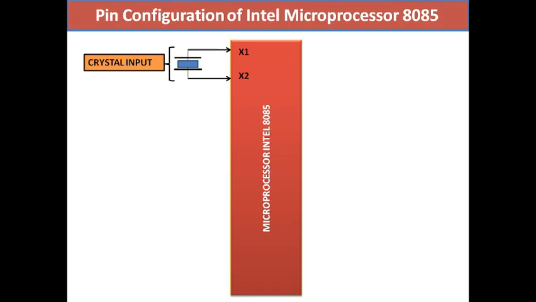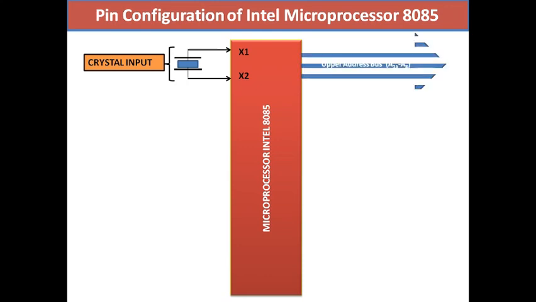So without clock, sequential circuits will never perform. So there is an internal voltage control oscillator inside the microprocessor 8085. The only thing required is a crystal. A crystal of 6 megahertz is connected between X1 and X2 terminals.